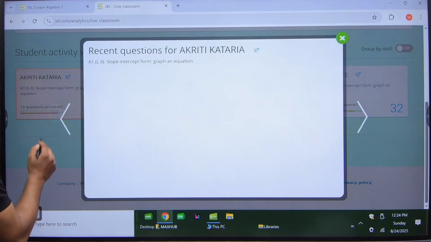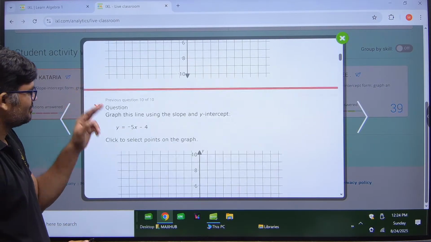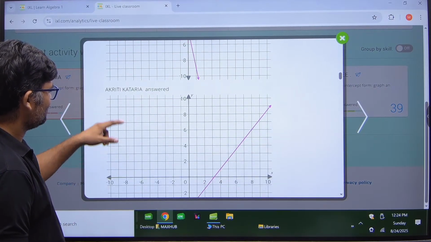Okay, Akriti, you are making so many mistakes. I got one wrong from a misclick and now it keeps going wrong.